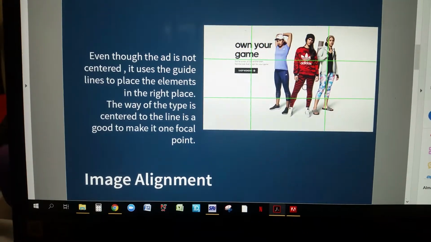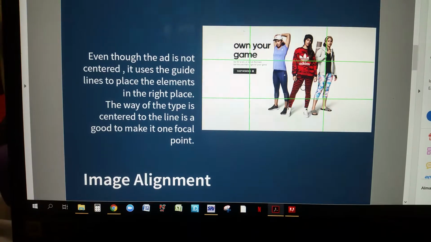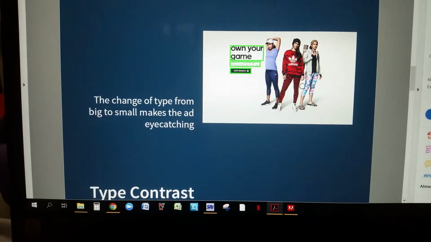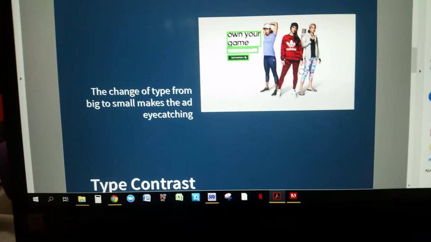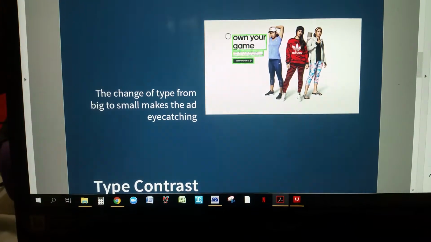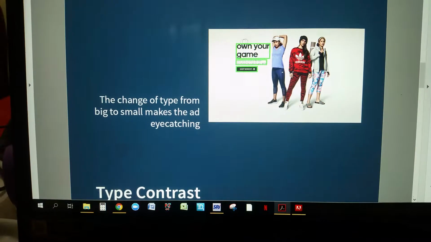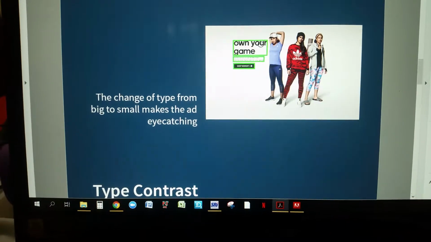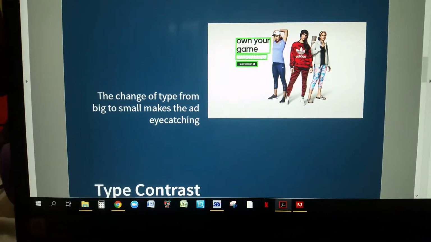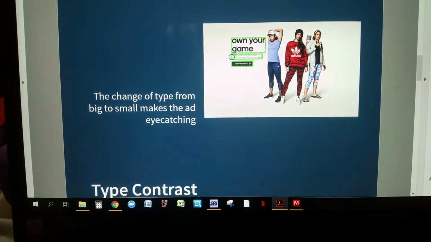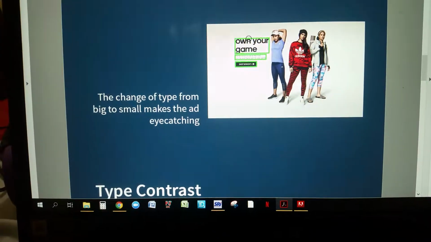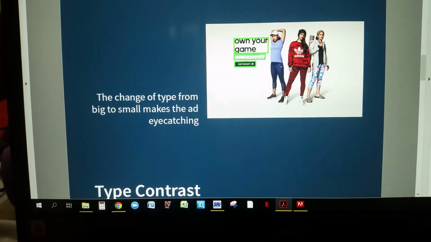Okay, the next thing that I noticed is the typography, and as I said before, I love the phrase "own your game," but it's not just the phrase, but the way it works with the big type and the little type.